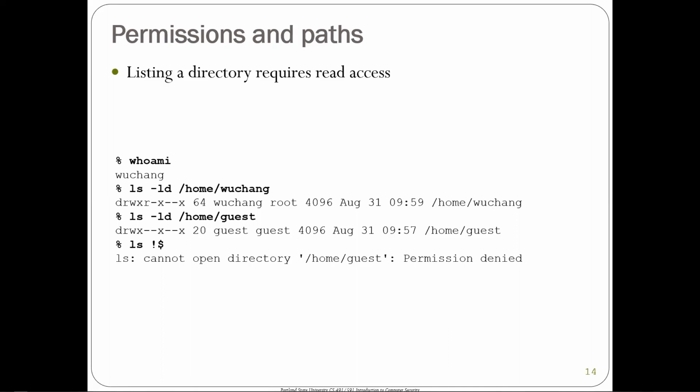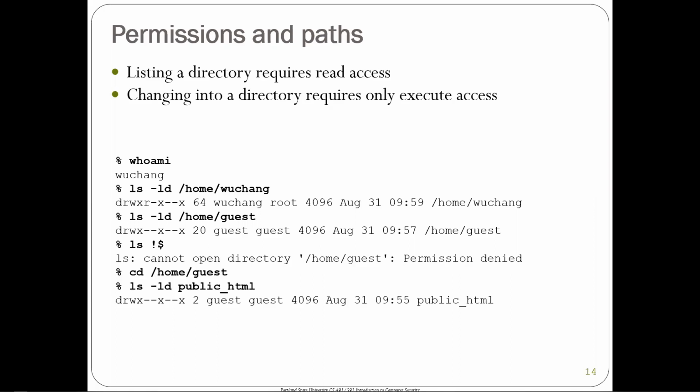Now I have execute access to this. Why would you ever give someone execute access without read access? As it turns out, if you just want to change into a directory, all you need is execute access. You don't need read access. So I can actually cd into this directory.